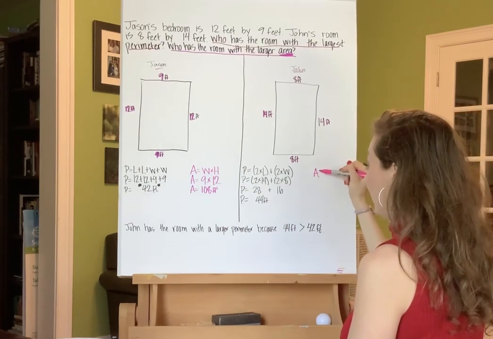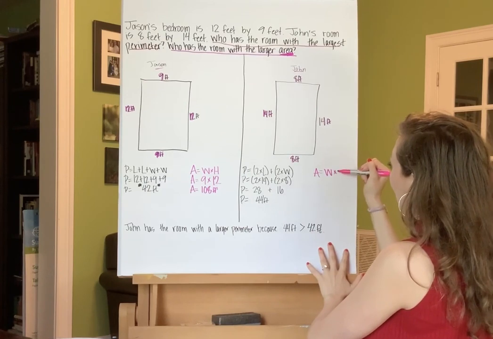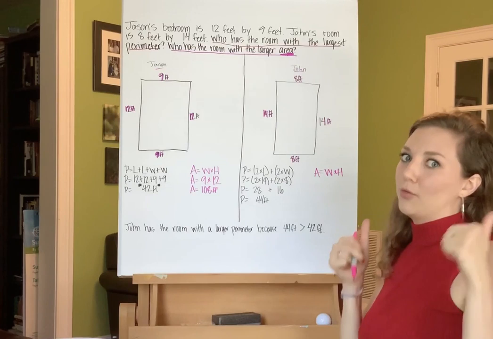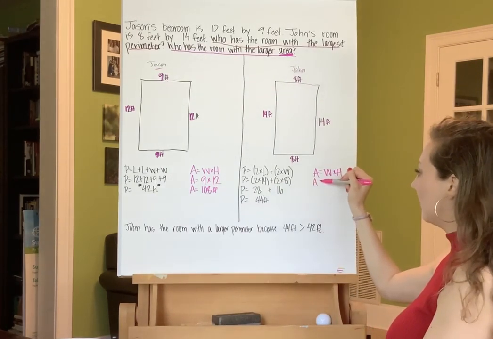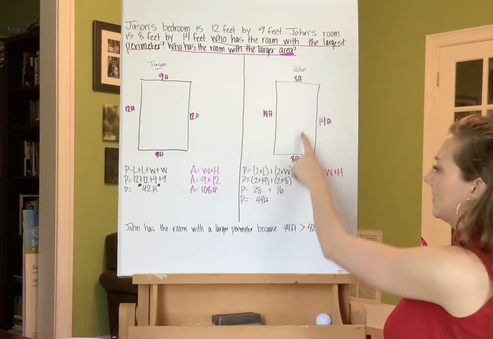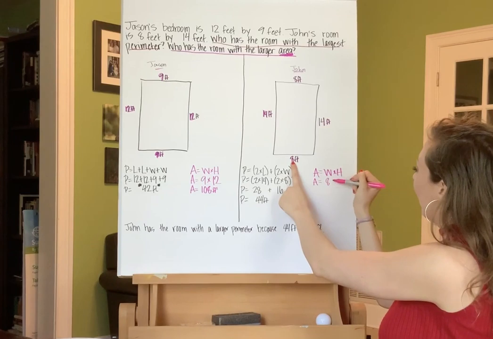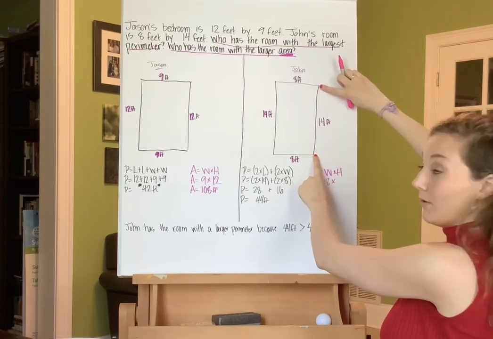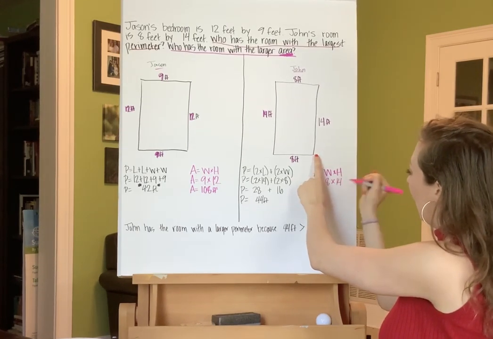We only have one fancy formula for area, so we're going to use the same one. Area equals width times height, and I like to write it down to make sure I plug my numbers in correctly. So my area equals, what's my width? John's bedroom is how wide? 8 feet. Nice job, you guys. 8 feet times, what's the height? How tall, how long is this bedroom? 14 feet, exactly.